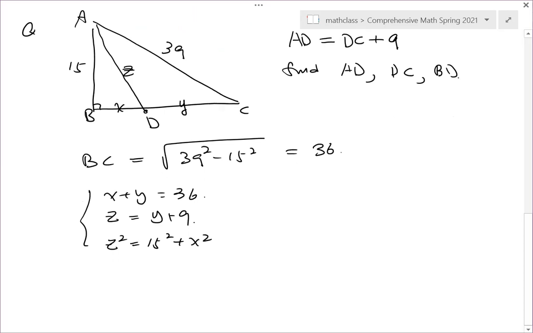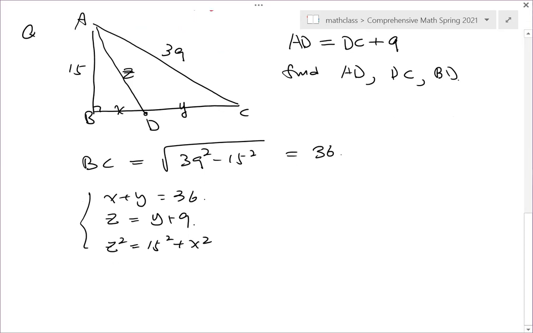Now, I want you to find x, y, z. Okay, can you do that? And if you get it, then show me, okay? So one of them is not a linear equation, so be careful. Okay, can you solve this?